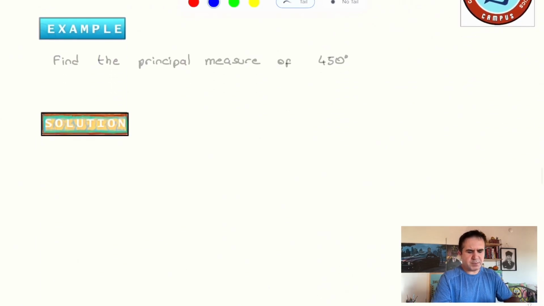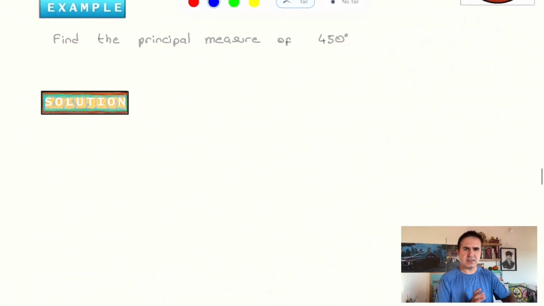Find the principal measure of 450 degrees. The principal measure of an angle is the equivalent angle between 0 degrees and 360 degrees, or 0 radians and 2 pi radians. To find it, we subtract or add full rotation of 360 degrees until the angle falls within this range.